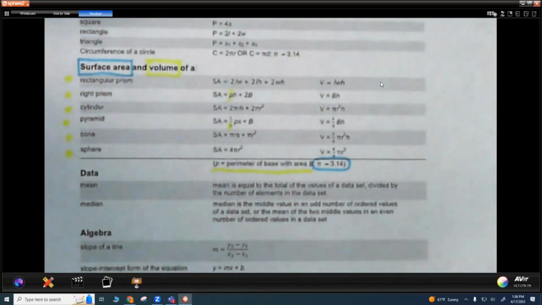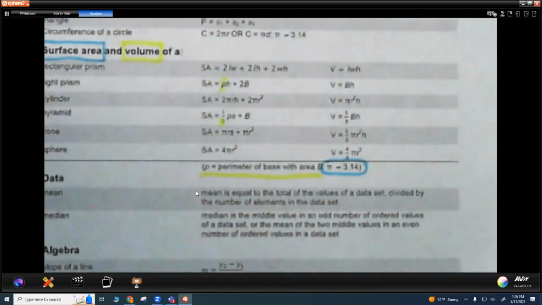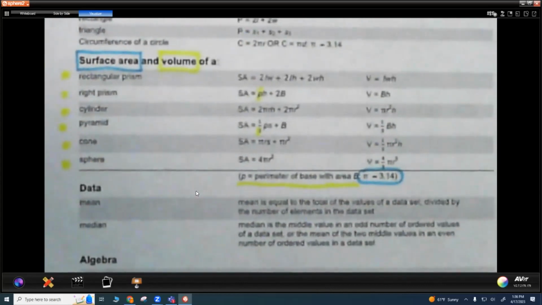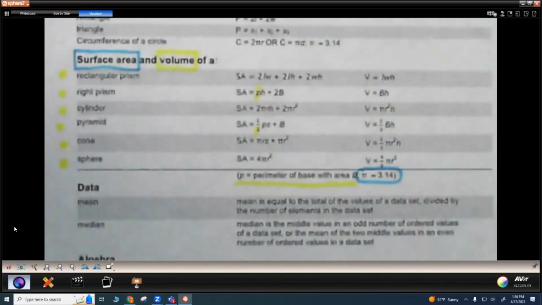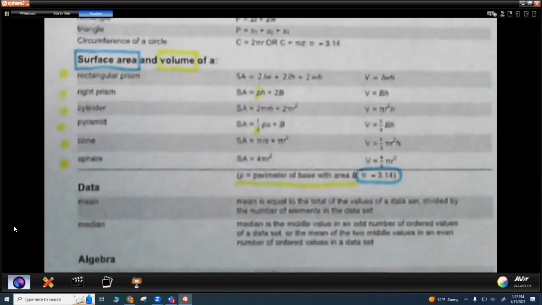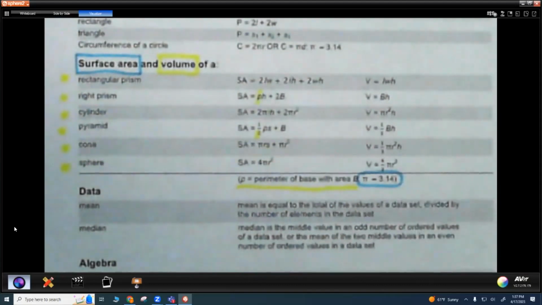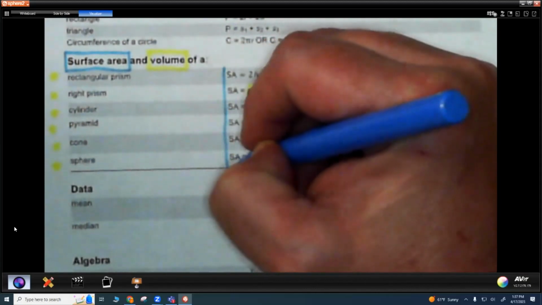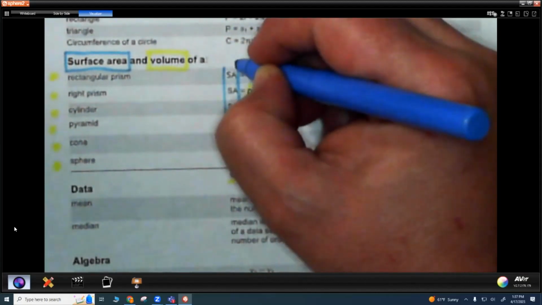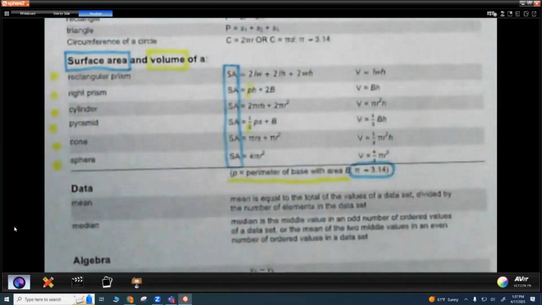Hopefully you guys can see me. Okay. So here are our surface area formulas. Those come first.